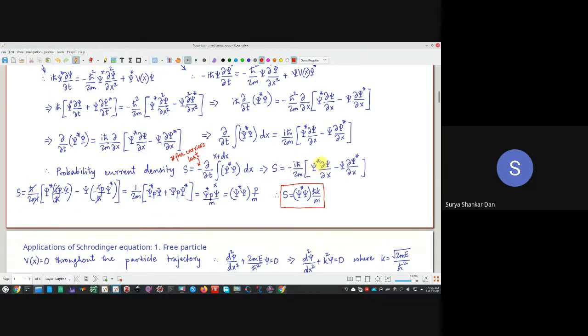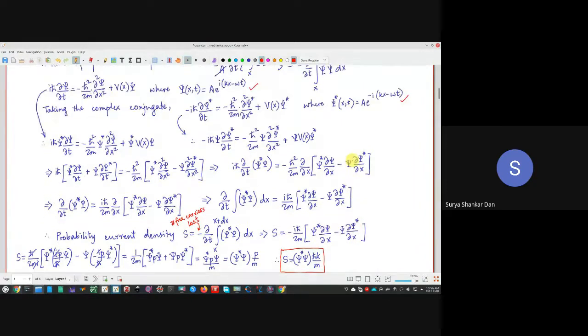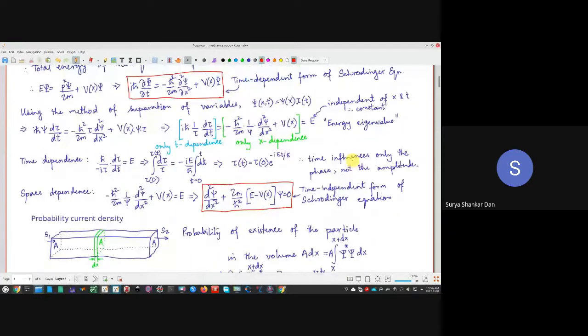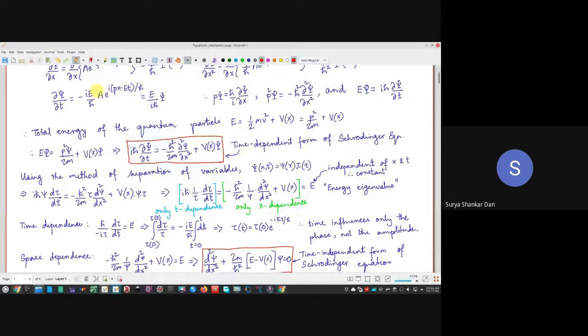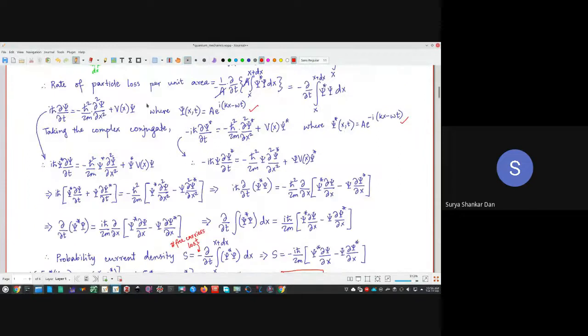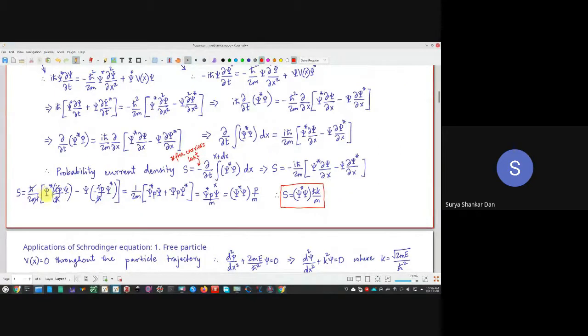And then all I did was, instead of del psi del x and del psi star del x, I have simply put the expressions for those relations which we obtained in the previous lecture. That's here. Okay, ipħ, where is this? So I have just put it in here, and this i and all those cancel out, and finally you reach this.